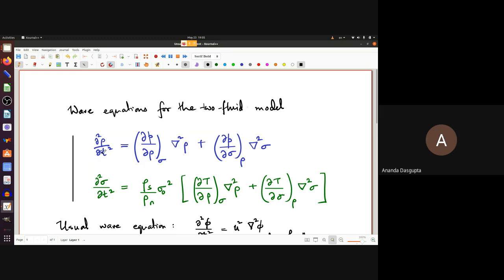We had discovered that in the two fluid model, after you make some approximations, like the fact that rho and sigma, the density and the entropy density, change very slightly, you end up with this set of equations.